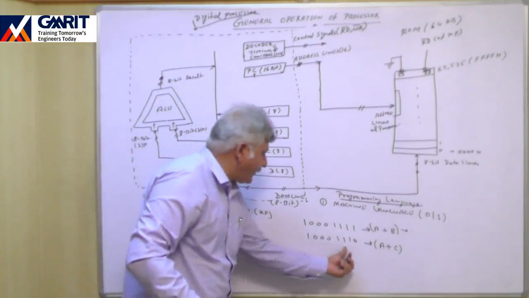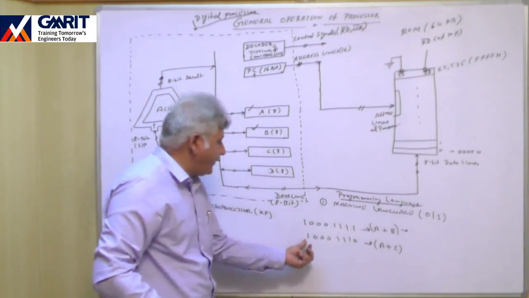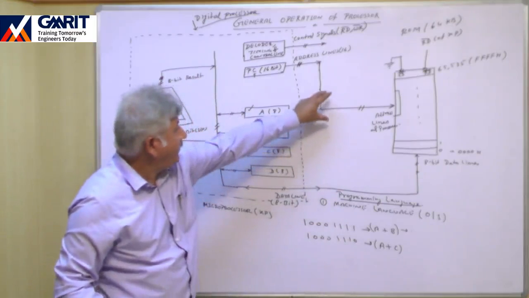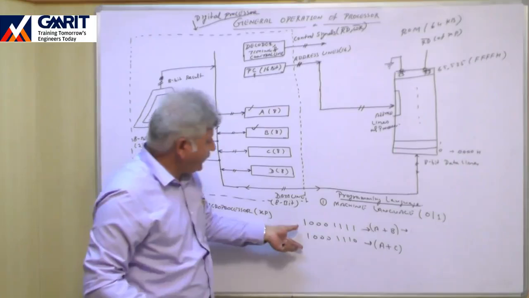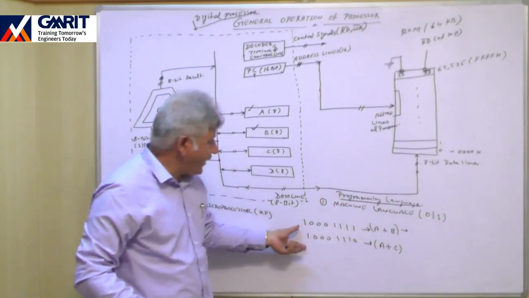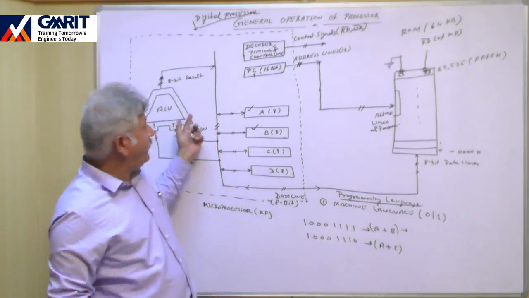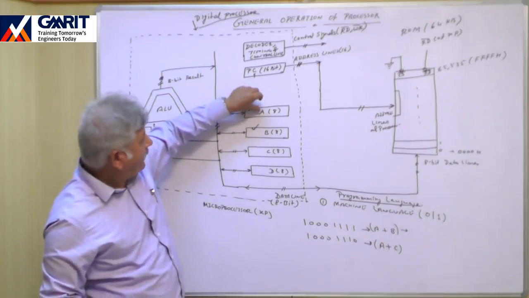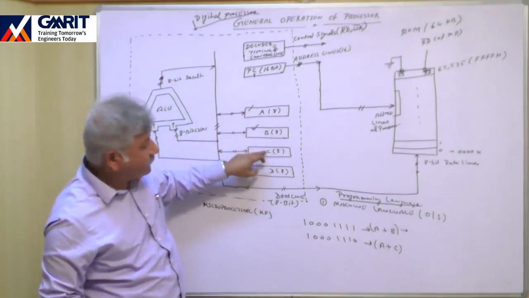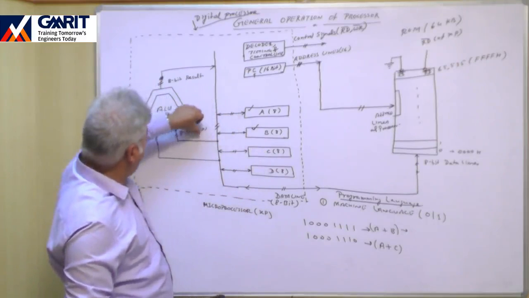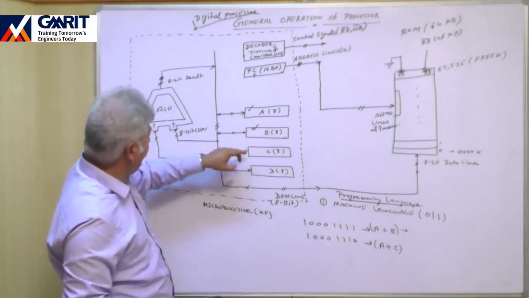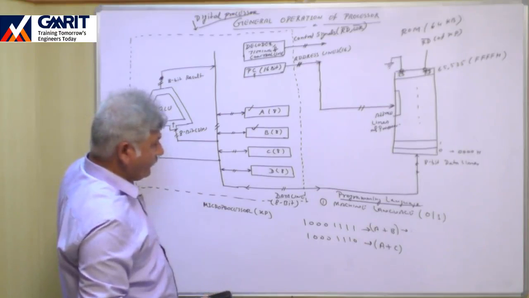Suppose this binary pattern enters the processor, the decoder section will decode it as addition to be performed over the content of A and the content of C. So in that case, the content of A will be available to the ALU and the content of C will be available to the ALU. Right?